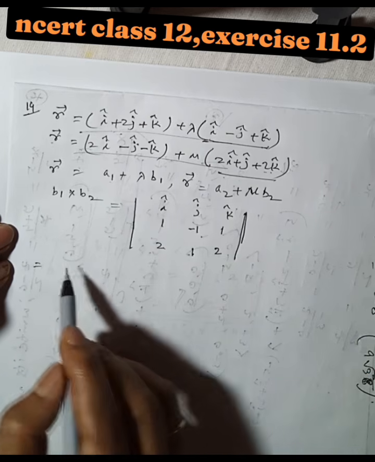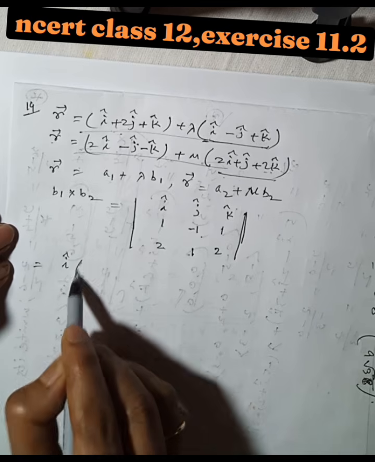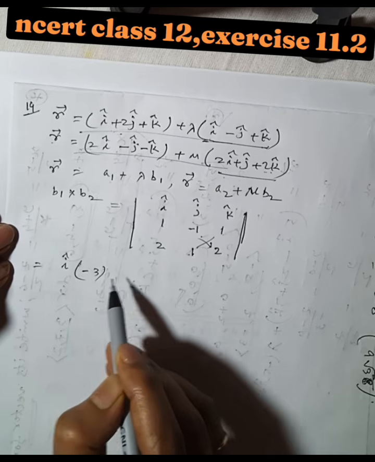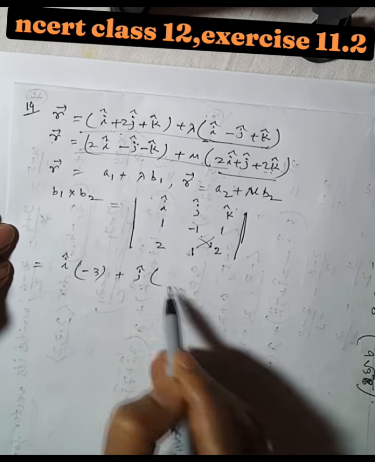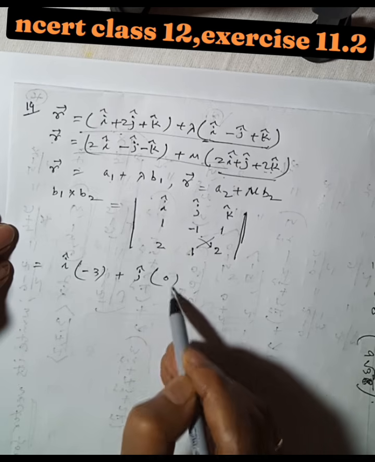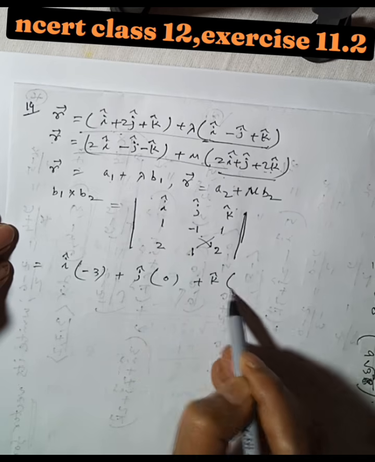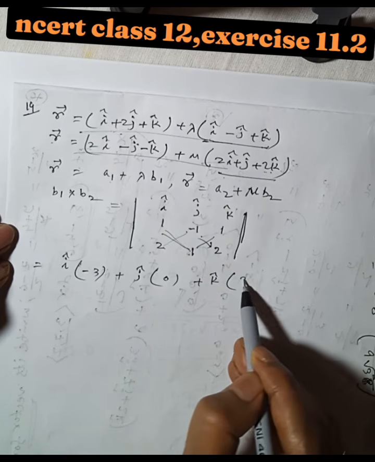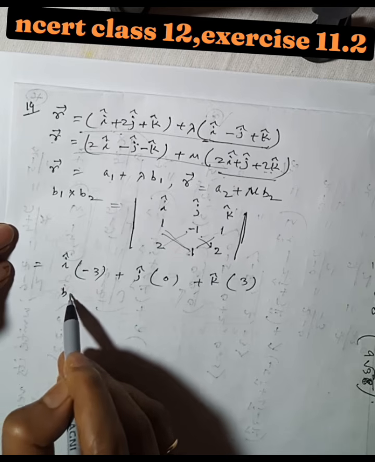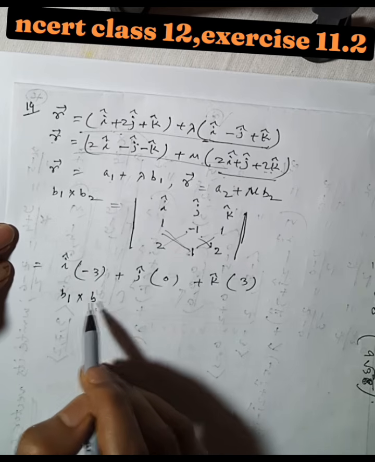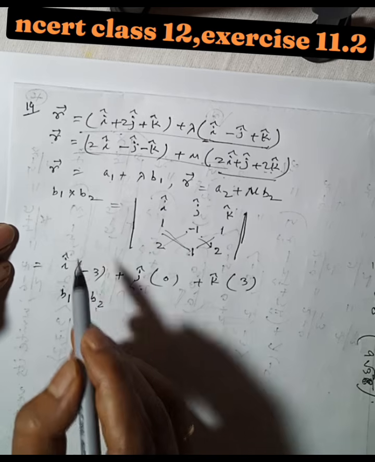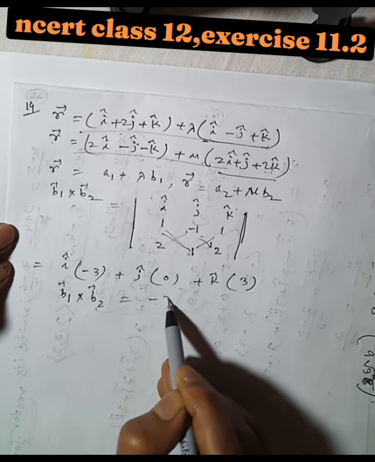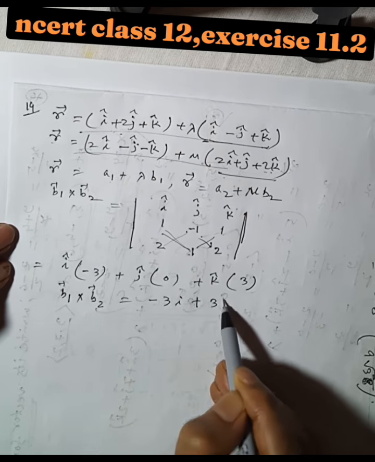This will be i(-2 - 1) = -3, plus j(2 - 2) = 0, plus k(1 + 2) = 3. So the cross product b1 × b2 vector is -3i + 3k.